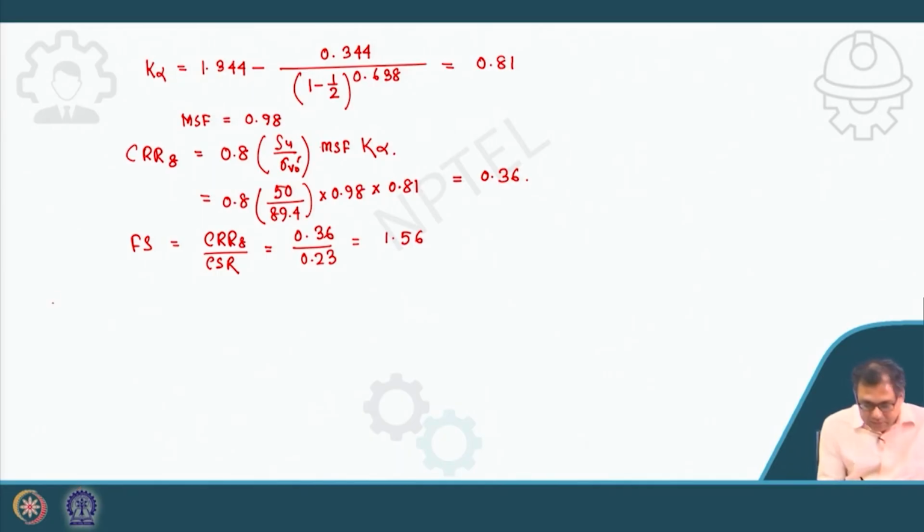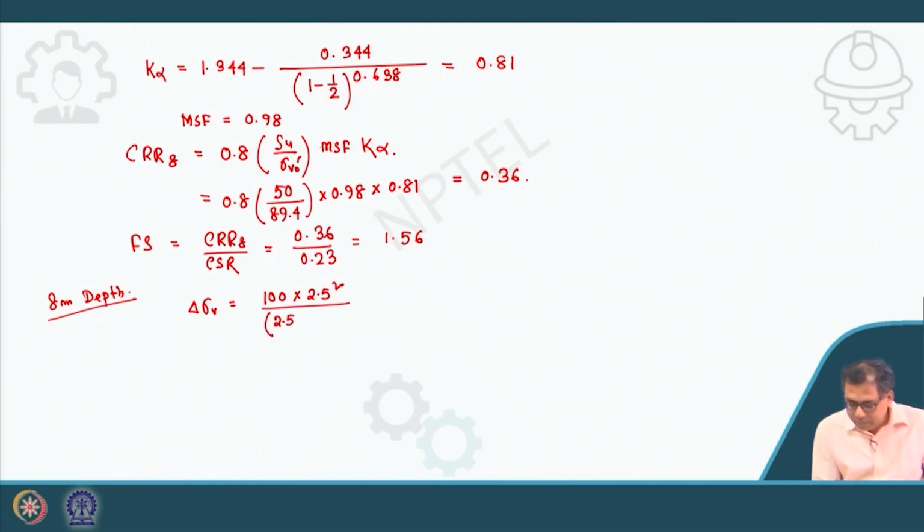Now I will do it for 8 meter depth. Okay, at 8 meter depth, del sigma V is equal to 100 into 2.5 square. Same 1:2 distribution, it will be 2.5 plus, 8 meter means your Z value from the base of the foundation, 8 minus 1.5 meter, it will be 6.5 meter.